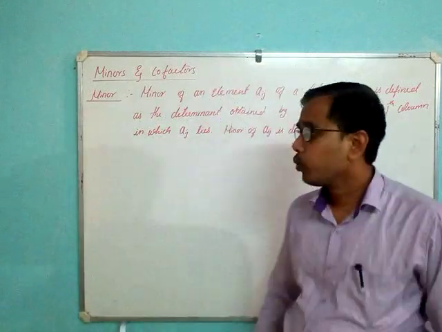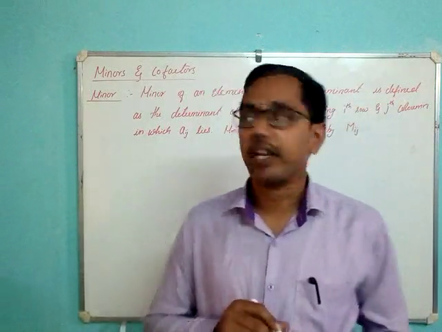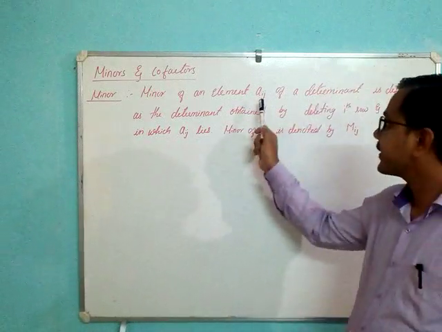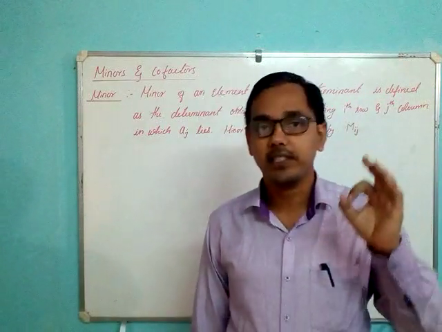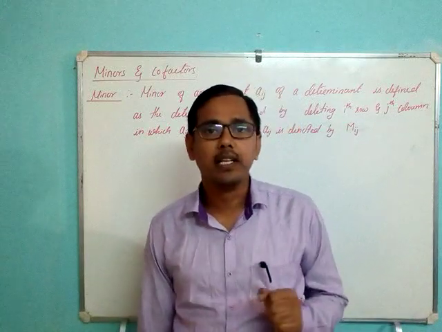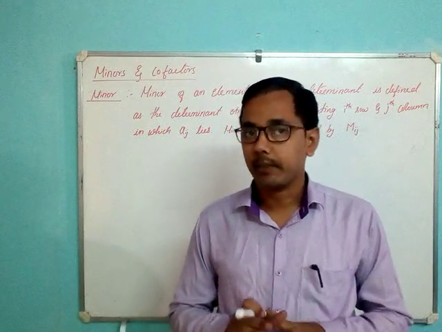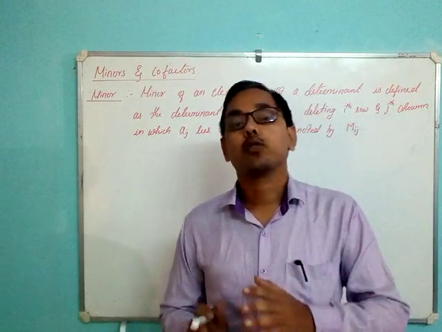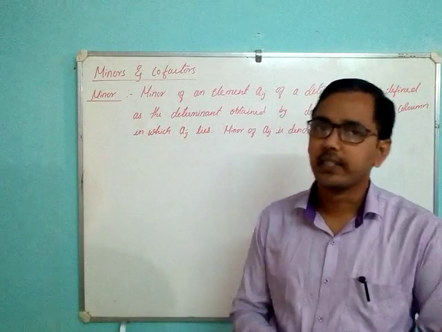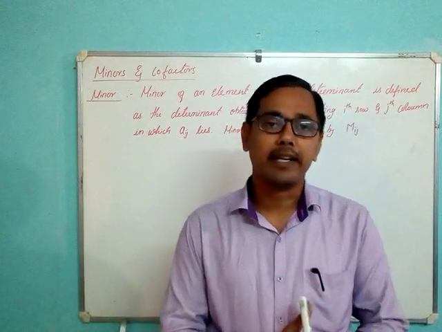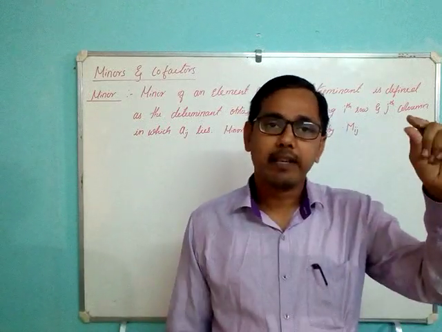Okay, so what is the minor? If any element in the matrix or determinant is represented by Aij, where Aij means the element in the ith row and jth column, then the minor of Aij is a determinant obtained by neglecting the ith row and jth column, as we do to calculate the value of a determinant. When we calculate the value of a determinant using the first row, second row, third row, and so on, when we take a11, what do we do?